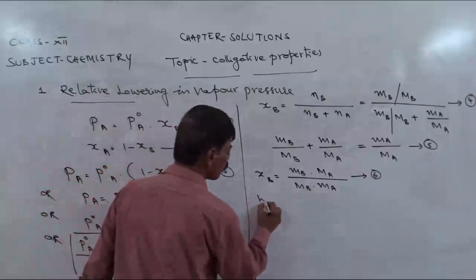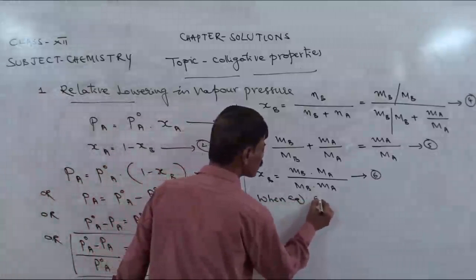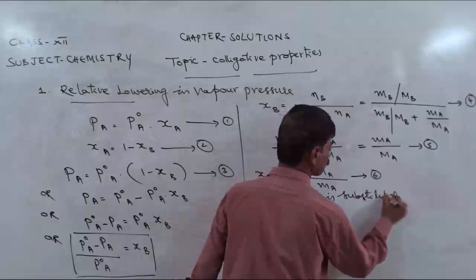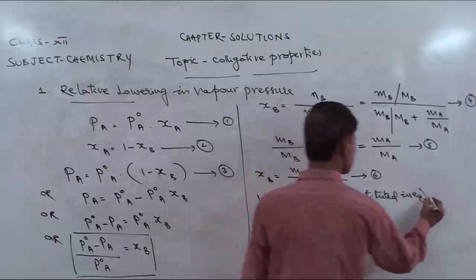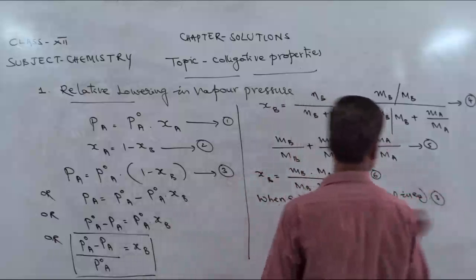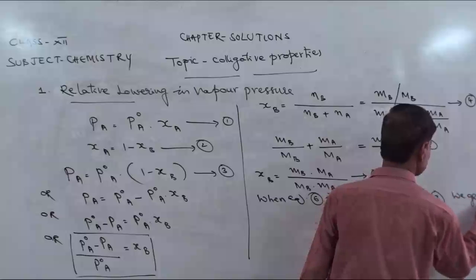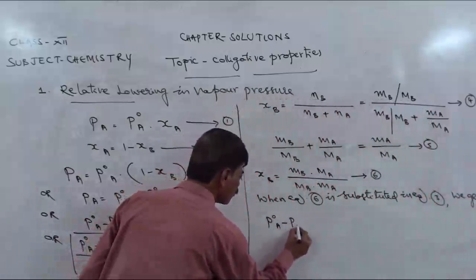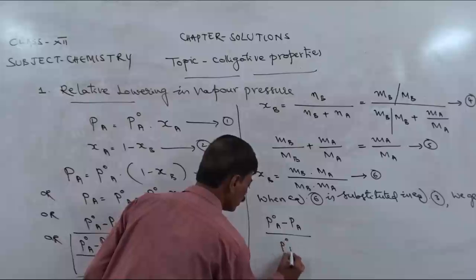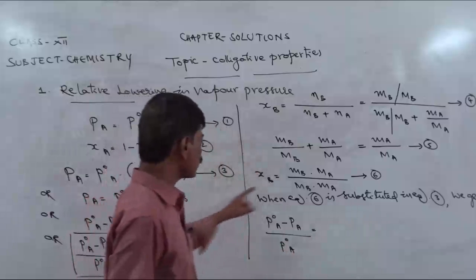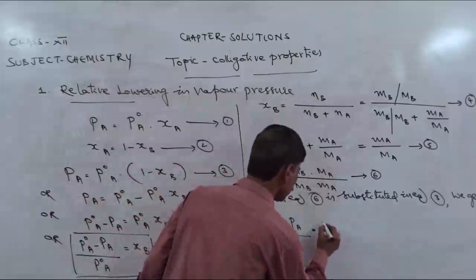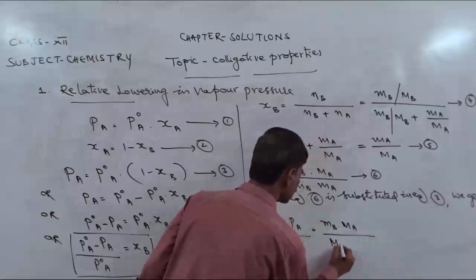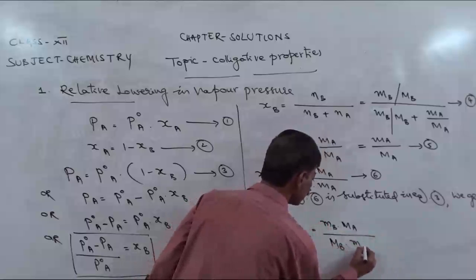So, when equation number 6 is substituted in equation number 3, we get P naught A minus PA divided by P naught A is equal to chi B. Now that chi B is equal to small mB into capital MA divided by capital MB multiplied by small mA.